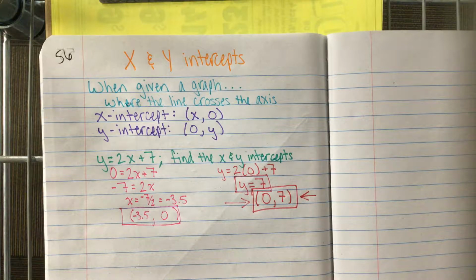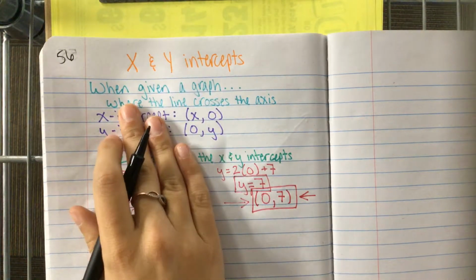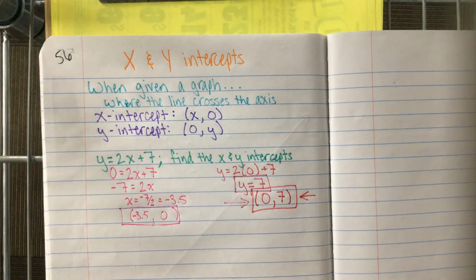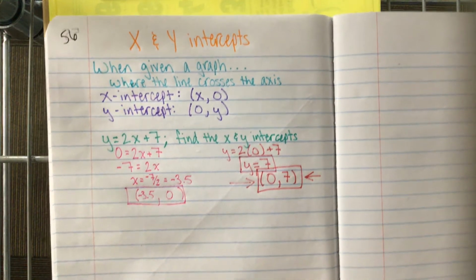So, let's write out the steps. When you're finding an x and y intercept, when given a graph, you just look where the line crosses the axis.